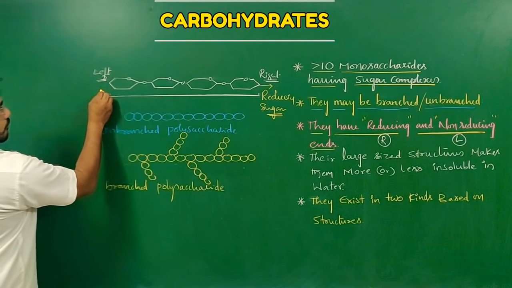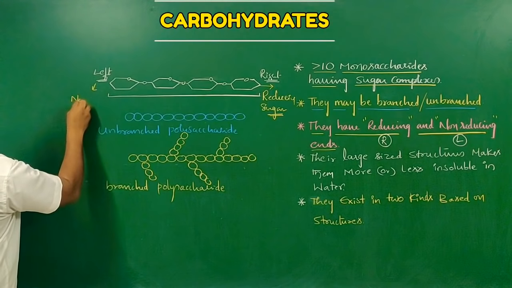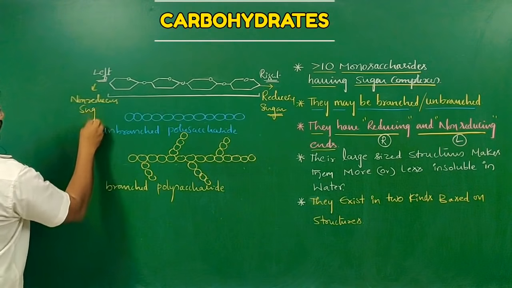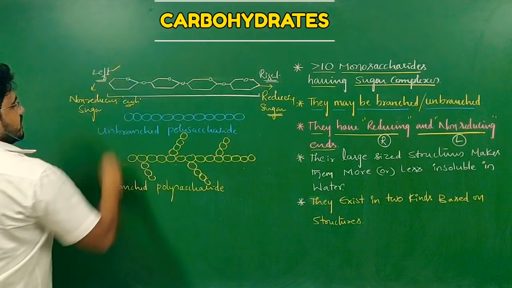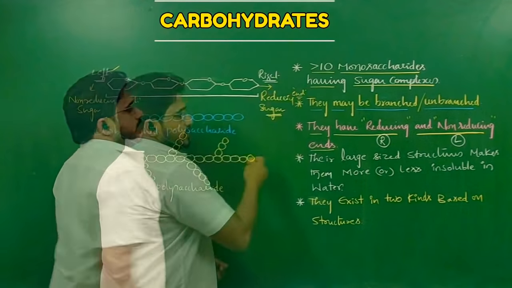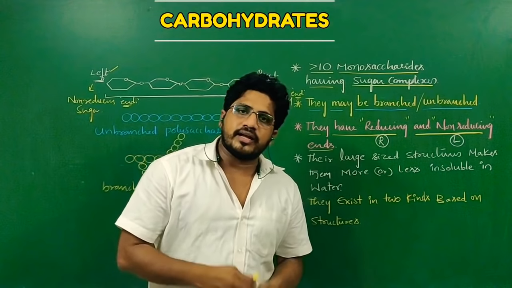Whereas at the left hand side there are no free ketone or aldehyde groups, so they have non-reducing ends. That's why we can say polysaccharides have both reducing and non-reducing ends.